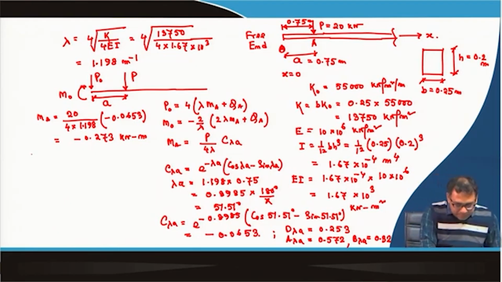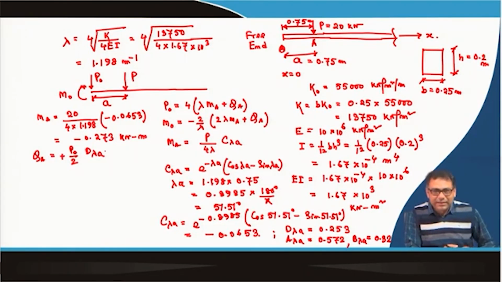Okay. Now, similarly, I can calculate QA, which is equal to plus P0 d lambda A. Now, why is it plus P0? Because as I mentioned, if you are calculating any value for a concentrated load on the left side of the loading, then for shear force and the slope this sign will be opposite, but the equations that are given are for the right side of the loading.